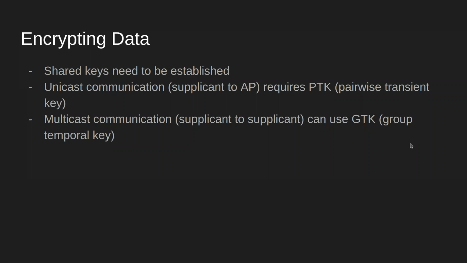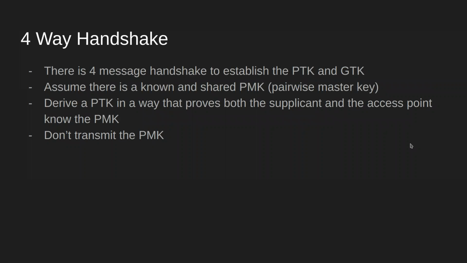So to establish these keys, there's a four-way handshake that occurs at the beginning of every WPA2 session. So when your device first connects over WPA2, there's a message sent from the AP to the client. There'll be a diagram later.